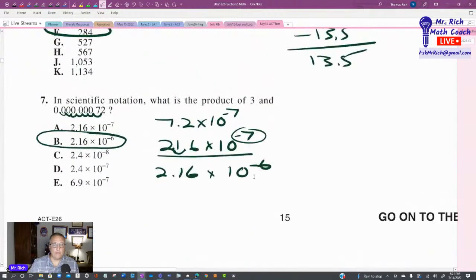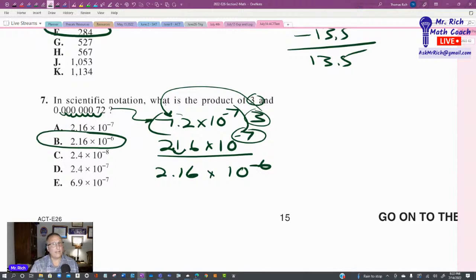If you're not brushed up on scientific notation, this is something you want to cover before you do the test on Saturday. Now, notice what I did. If I'm going to multiply 3 times a scientific notation number, I converted this to scientific notation, and then I had to multiply it by 3. The only thing I needed to multiply was the 7.2 in front to get 21.6. When you get an answer that's not in scientific notation, you move the decimal.